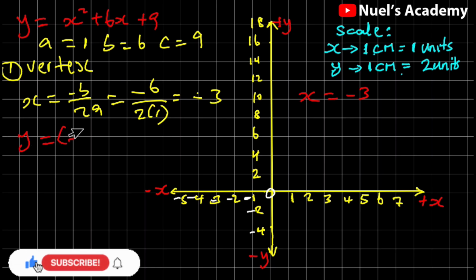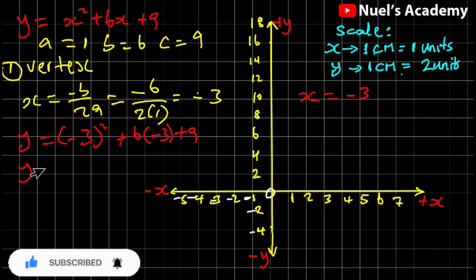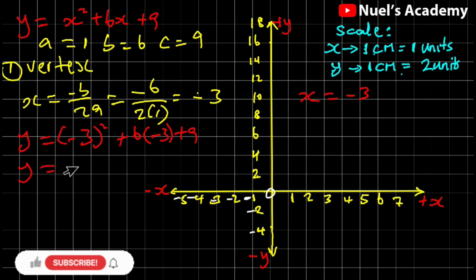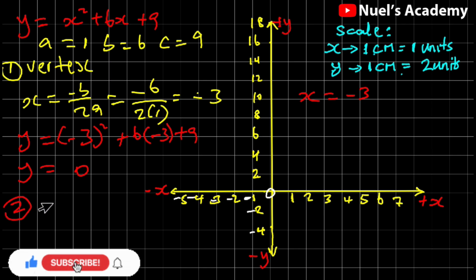So I'm going to have (-3) squared, plus 6 into -3, plus 9. If you plug this in your calculator, you're going to get that the value of y is equal to 0.